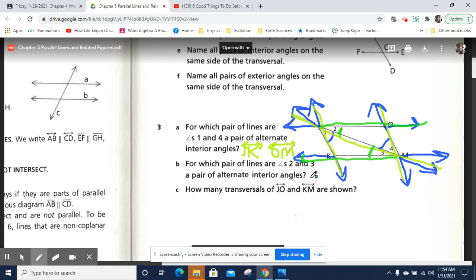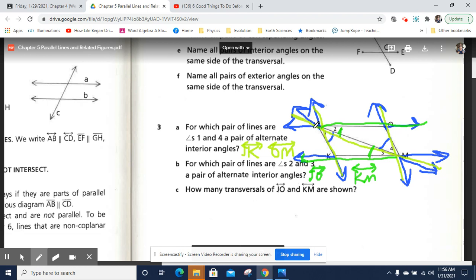So for this, it's line JO, like that, and KM, like that. And those are the two lines. Now, how many transversals for JO and KM are there? Well, let's consider that. We definitely know that this is a transversal. A transversal is simply a line that crosses a pair of lines.